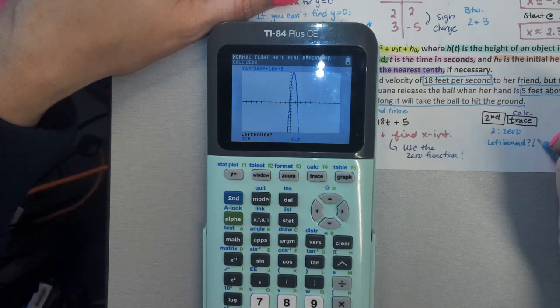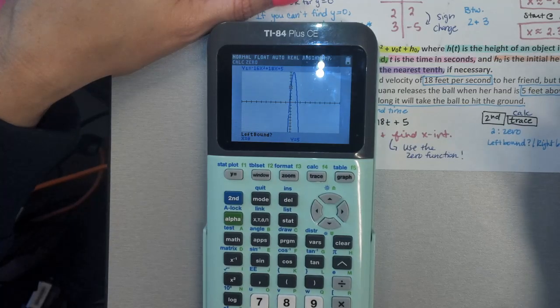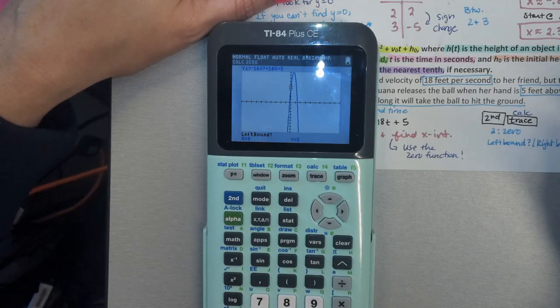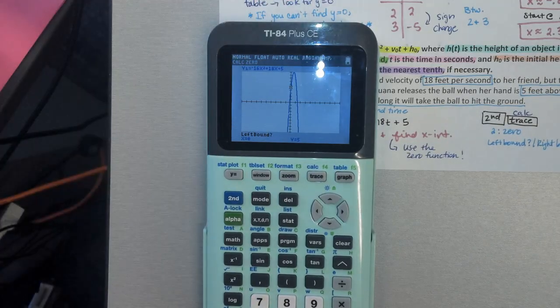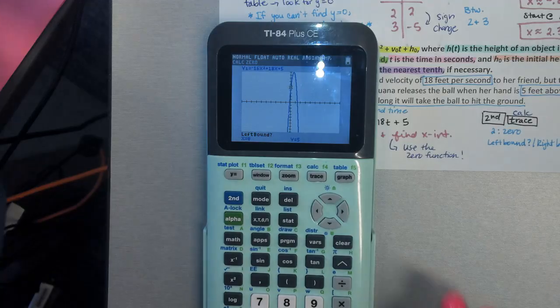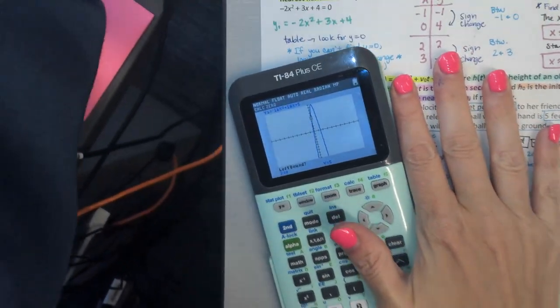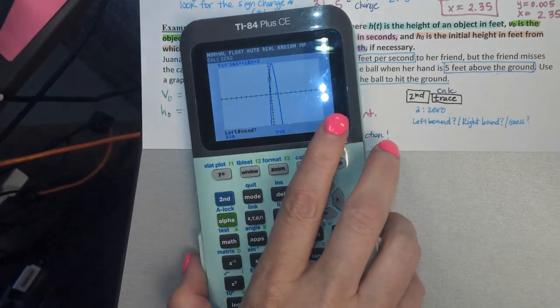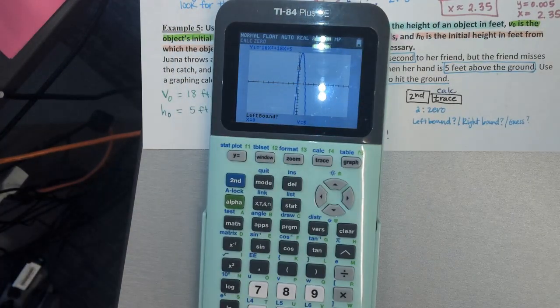And then it's also going to ask you the right bound. And then it's going to ask you to guess. It's very similar to the intersection, where it asks you for your first curve, your second curve, would you like to guess? And then you have your intersection.